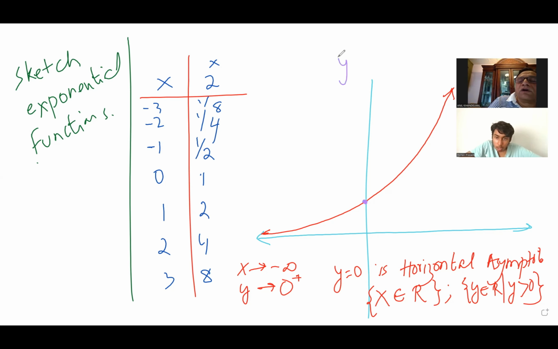Now let's look into some characteristics. If we sketch the graph of 2 to the power of x, you notice that when x is 0, the value is 1, right? When x is 1, the value is 2. And when x is minus 1, the value is half.